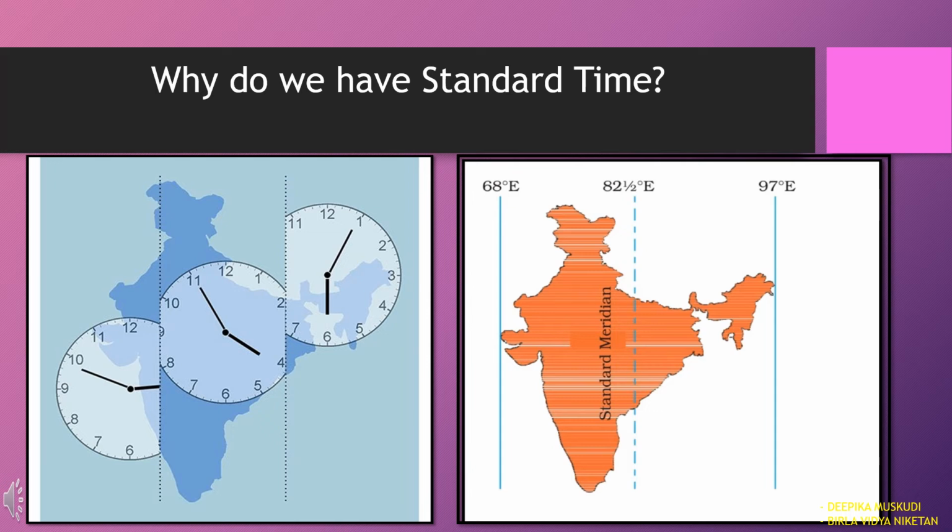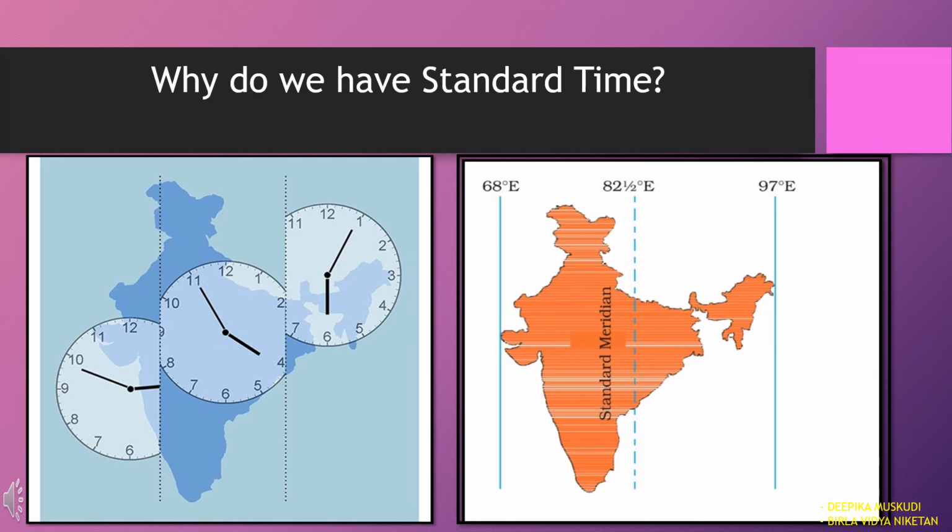As you can see, there is a difference in westernmost and easternmost longitude, which indicates that towards the western side, the longitude is 68 degrees east, and the eastern side is 97 degrees east, showing a difference of about 30 degrees. The local time of places which are on different meridians is bound to differ.